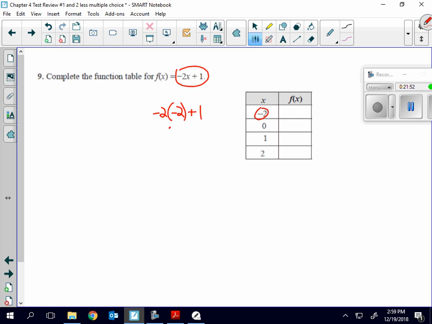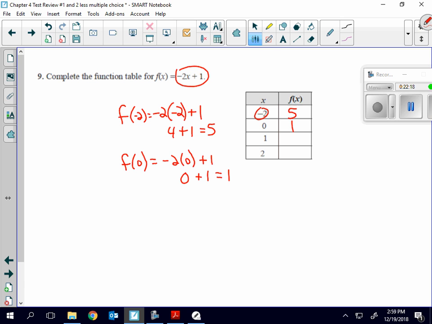This is a +4 plus 1, which is 5. Okay, now let's plug in 0. This is f of -2. F of 0 is -2 times 0 plus 1, which is 0 plus 1, which is 1.